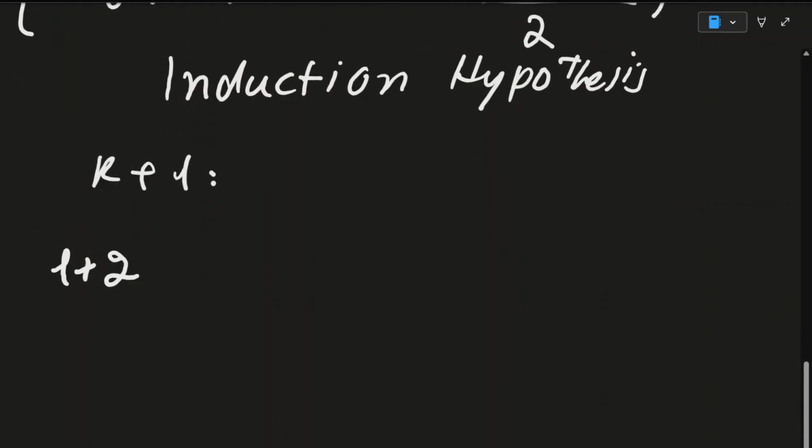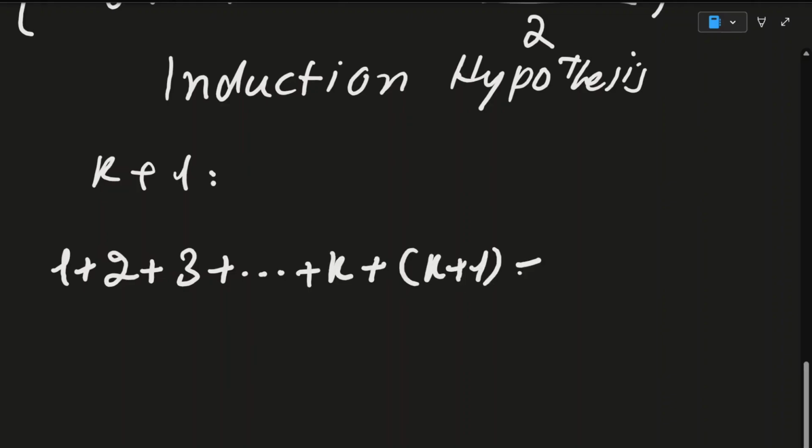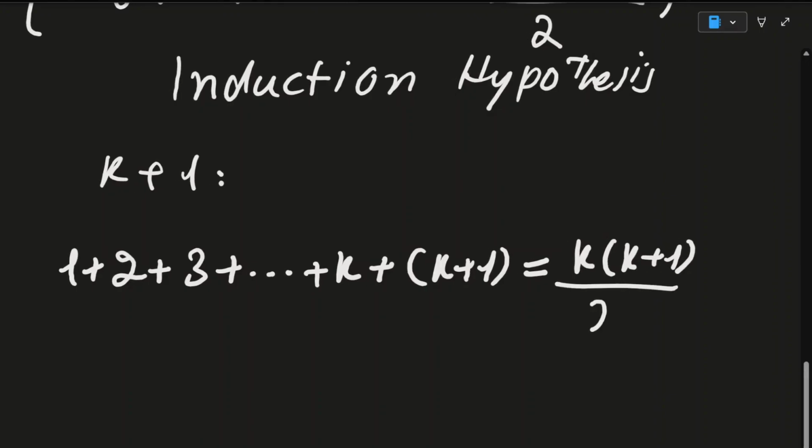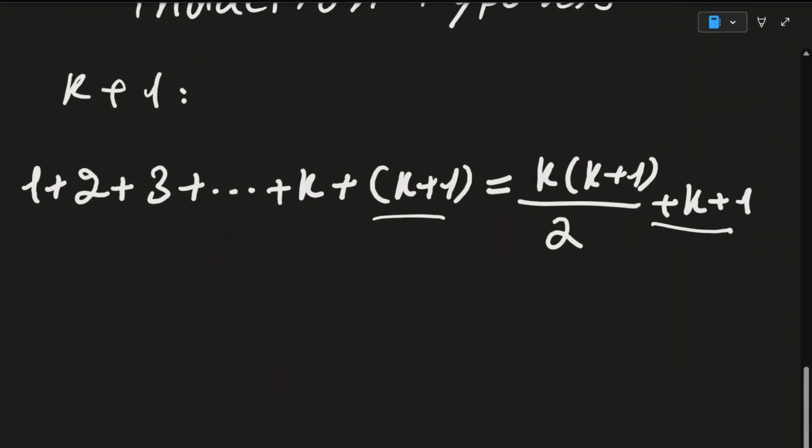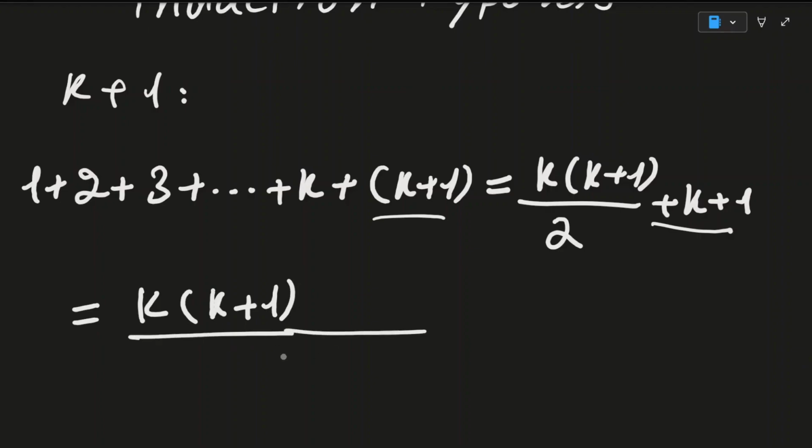1 plus 2 plus 3 plus up to k plus k plus 1. On the other side, k into k plus 1 divided by 2 plus k plus 1. So we added this number on both sides, so we get k into k plus 1 divided by 2 plus 2 into k plus 1 divided by 2.